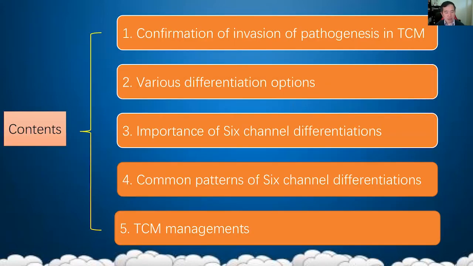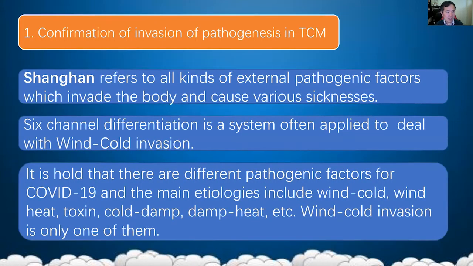Today, we are going to cover different aspects of the lectures, mainly including 5 aspects. Those 5 aspects are going to indicate that 6-channel differentiation is one of the differentiation methods used to treat COVID-19. And there are different ways to make a differentiation in the treatment of COVID.